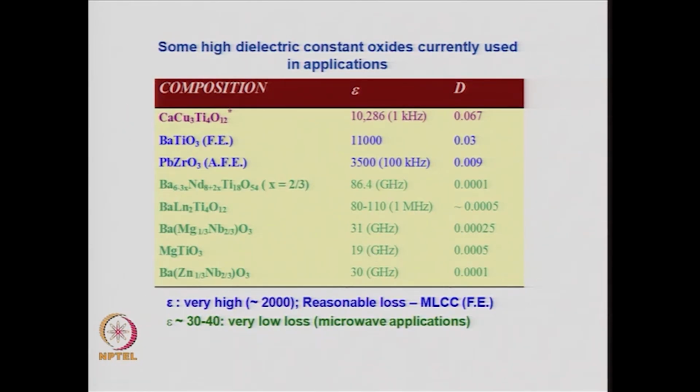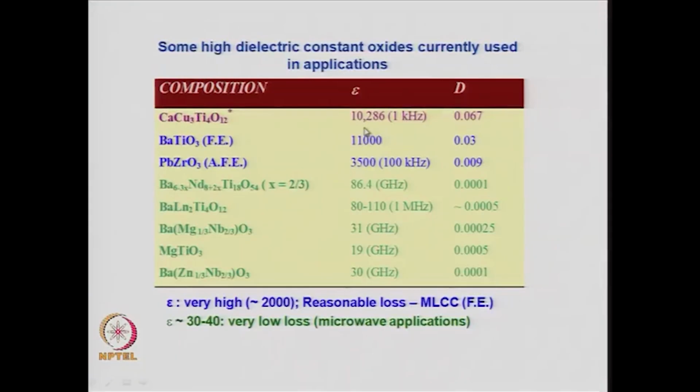Now, we earlier discussed some known materials, say air, water, etcetera, simple solvents, simple materials, and showed that the dielectric constant can vary between 1 and 80 in some compounds.